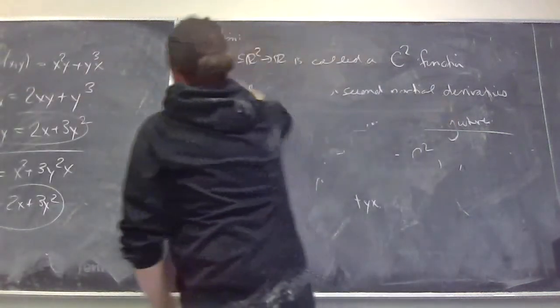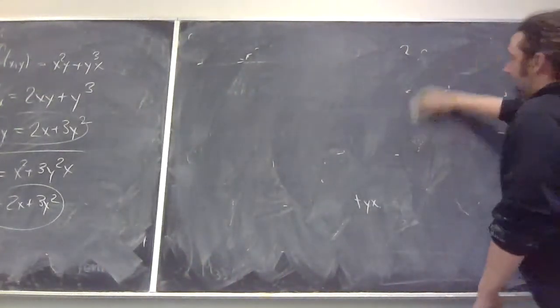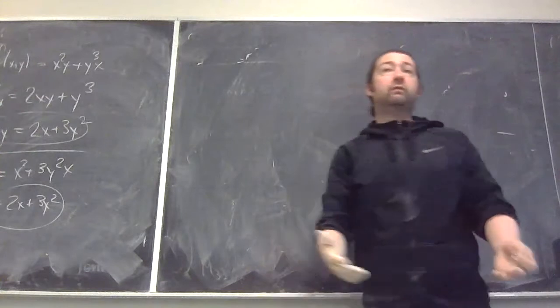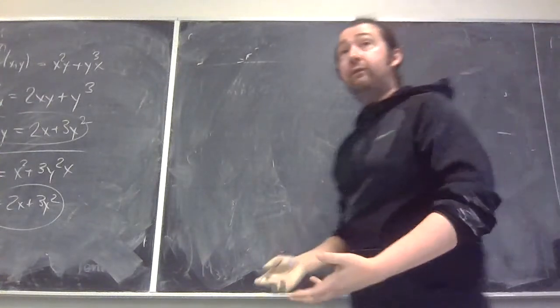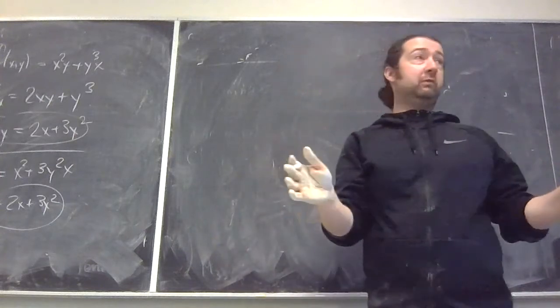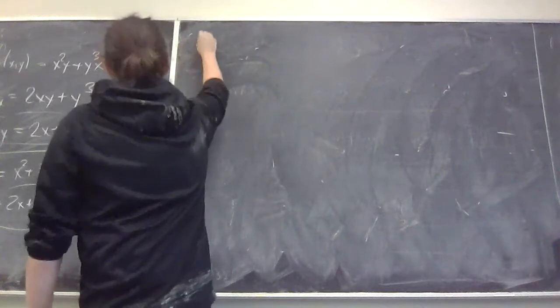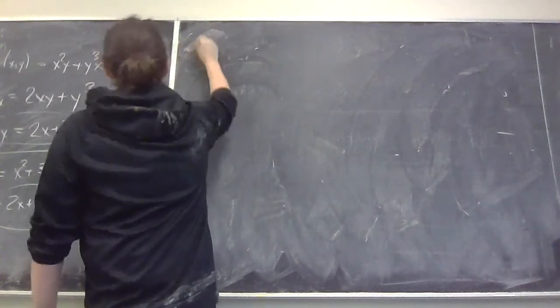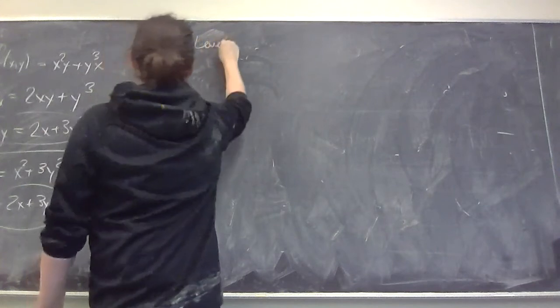Because the thing about Clairaut's theorem is it's actually quite a bit more powerful than the way you learn it when you learn it for the first time, when you say mixed partials are equal. It actually holds for C^k functions for the kth partial derivatives all the way down, right? So there's this sort of leveled-up Clairaut theorem.